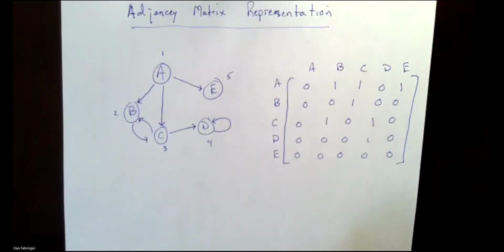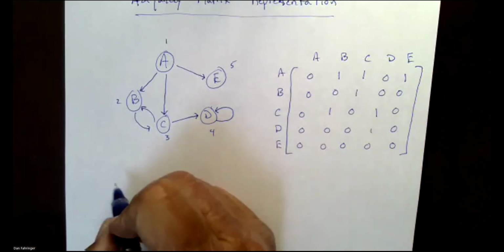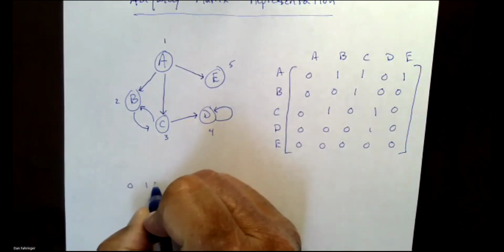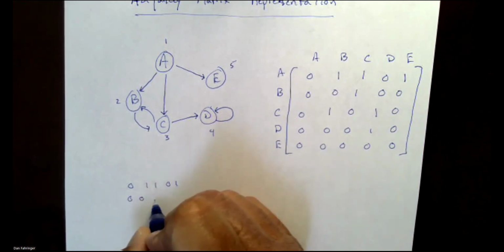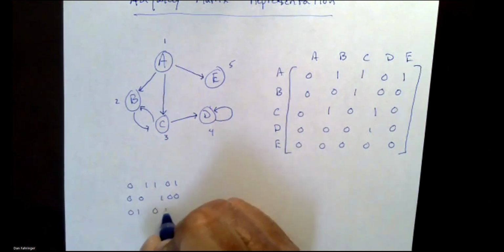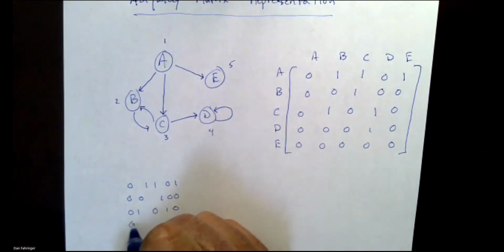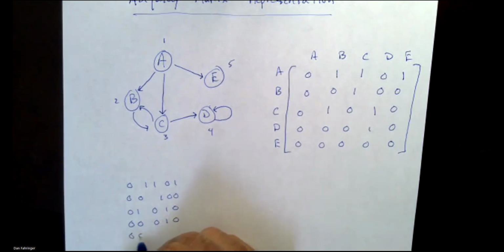Okay, so now we're going back to a math class you may have had. I'm going to take this matrix and rewrite it: 0, 1, 1, 0, 1, 0, 0, 1, 0, 0, 0, 1, 0, 0, 0, 1, 0, 1, 0, 0, 0, 0, 1, 0, and all zeros.